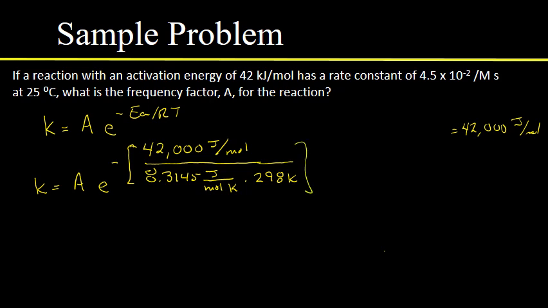All right, so we'll check our units. We've got Kelvin here, which cancels Kelvin here. We've got joules per mole here, which cancels joules per mole there. So our exponent is unitless. That's important. Exponent should always be unitless. All right, and let's also not forget our negative sign here.